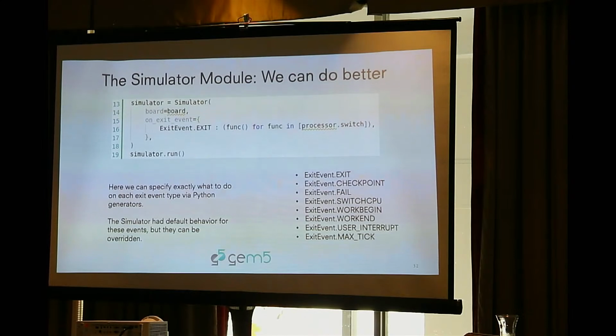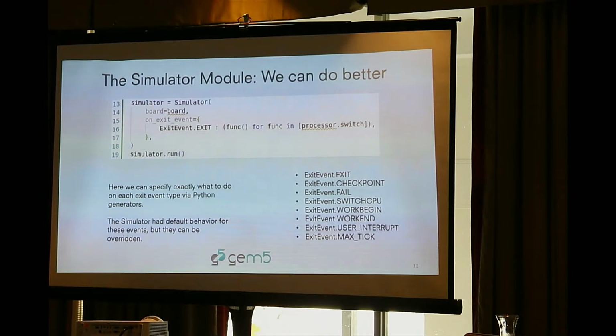So this is using Python generators here. And a generator, for anyone who doesn't know, is essentially that thing inside the brackets here. It allows you to iterate through a list of items.